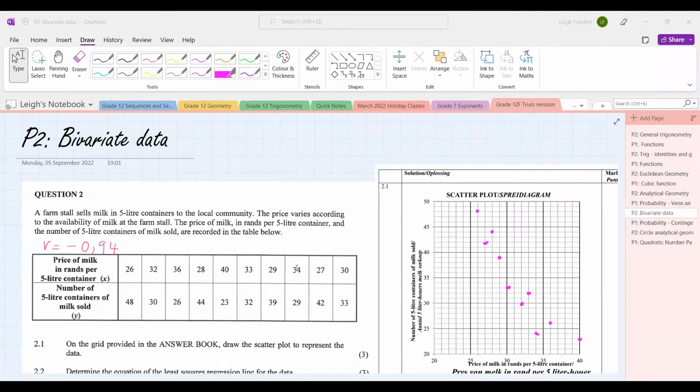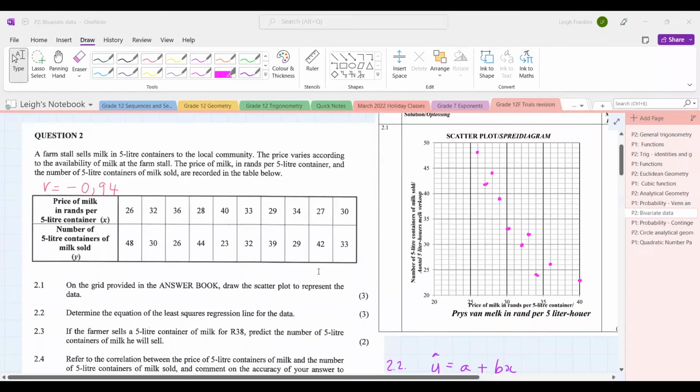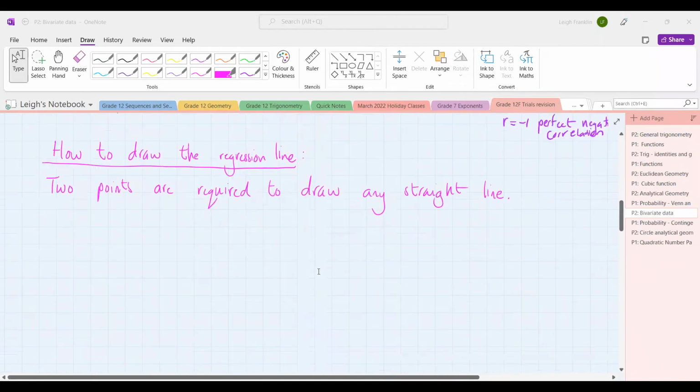We're lucky in this case, they've also given us a 27. If we didn't know what 27 was equal to, we could use our formula to calculate it. We want to go just inside the minimum, so we know that when X is 27, Y is equal to 42. We don't have to do any calculating there. So when X is equal to 27, Y is equal to 42, that's actually a point.